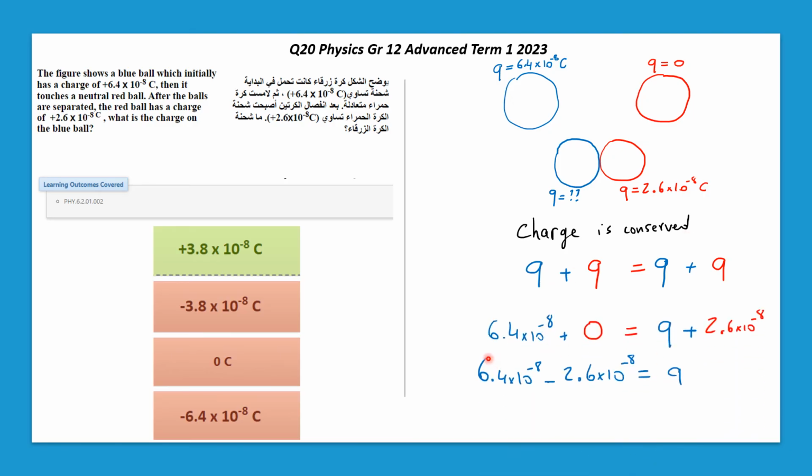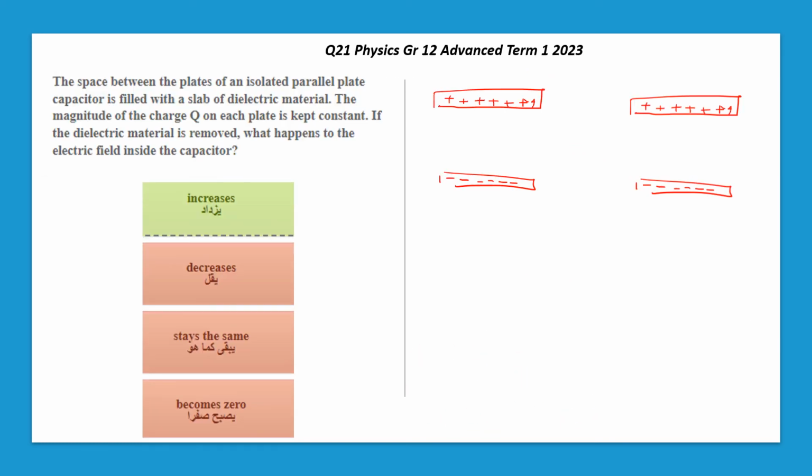So what do we have in the first place? 6.4 by 10 to the power of minus 8 plus 0 for the red is equal to Q, the only unknown here, after they touch each other, plus the charge of the red ball, which is 2.6 by 10 to the power of minus 8. So you subtract the values and the answer is 3.8 by 10 to the power of minus 8 coulomb.